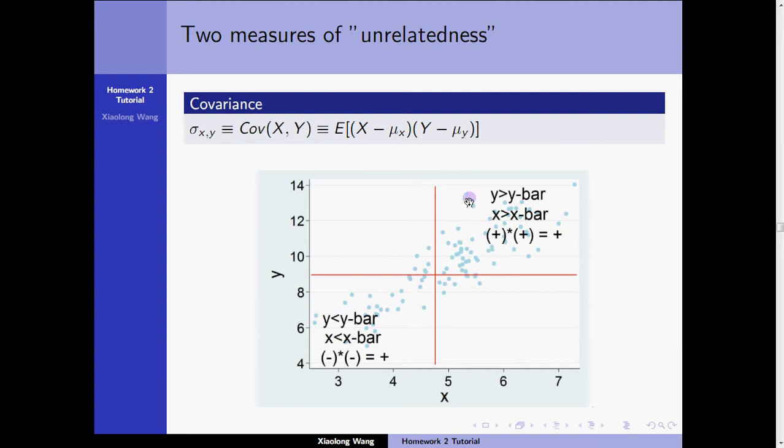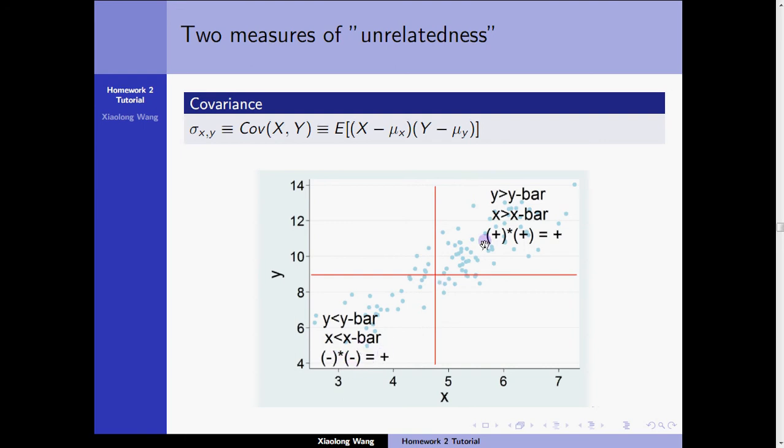So this gives us a positive value of the mean difference product, and it's similar on the lower left quadrant. Both mean differences will be negative, but the product of them will be positive.